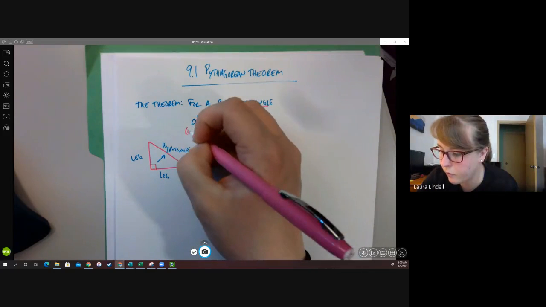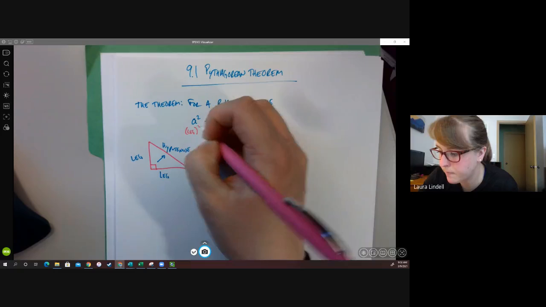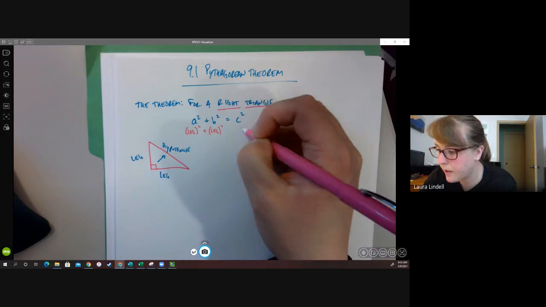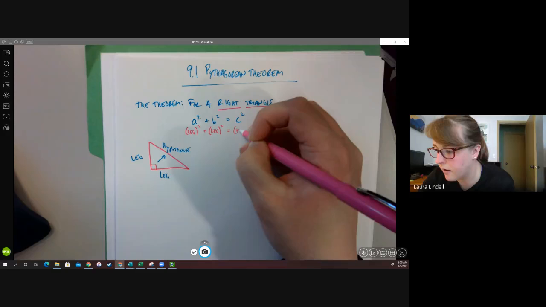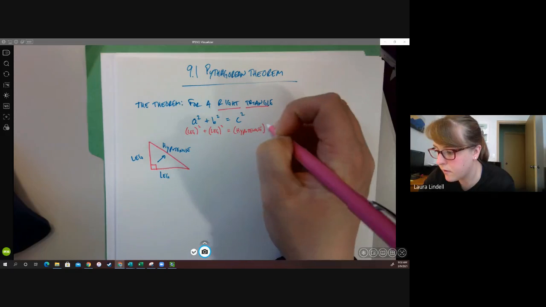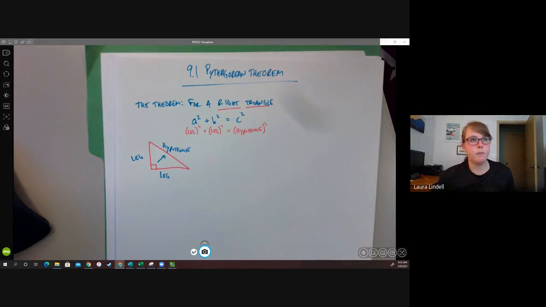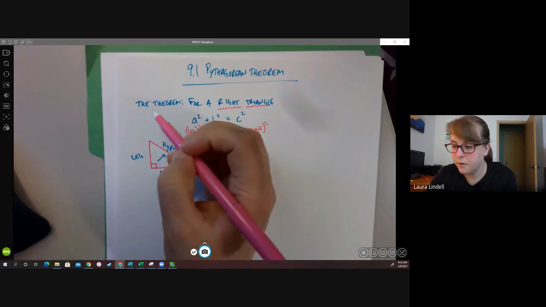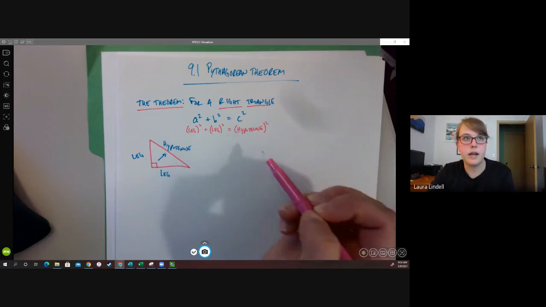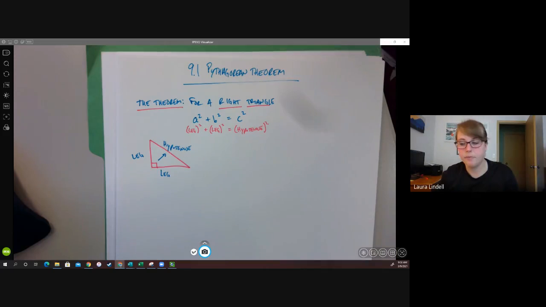And so when we talk about this theorem for a right triangle, A is the length of one of the legs. B is the length of the other leg. And C is the length of the hypotenuse. So what we're doing here is the leg squared plus the leg squared equals the hypotenuse squared.